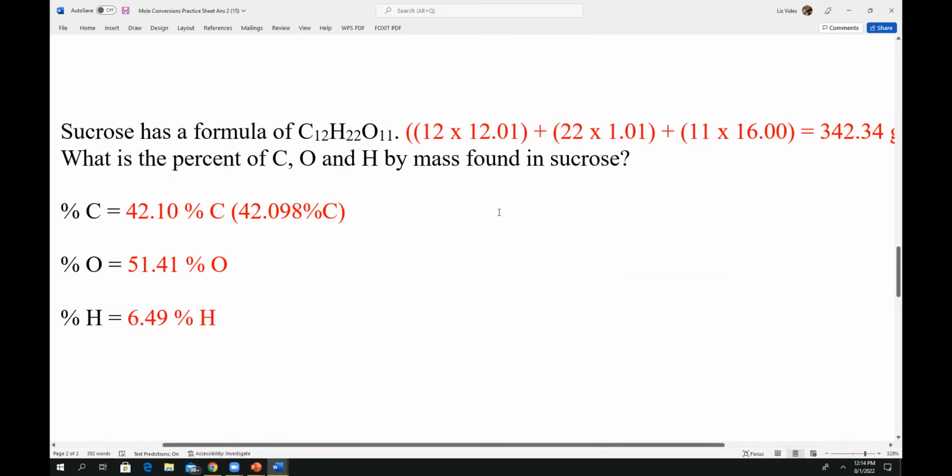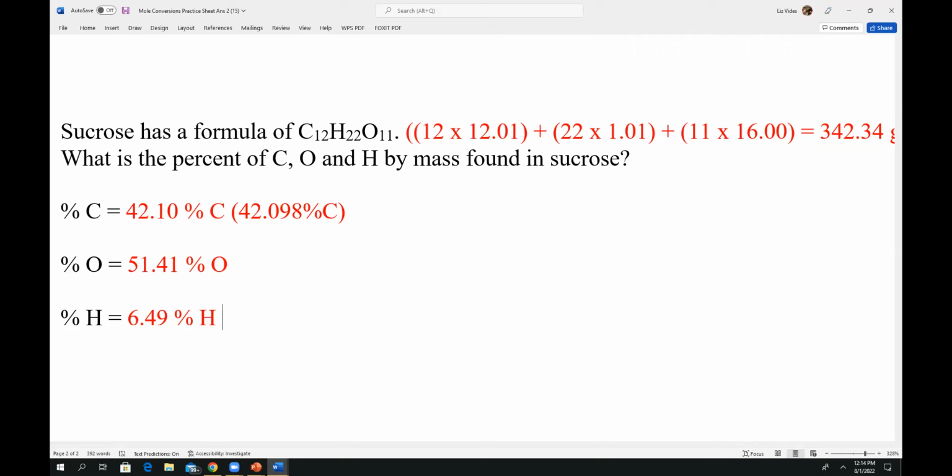All right, so then the next one is your hydrogen. But you have 22 times 1.01. So it's this one actually, 22 times 1.01. Okay, so the answer is 22.22.